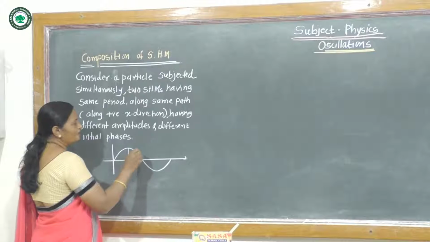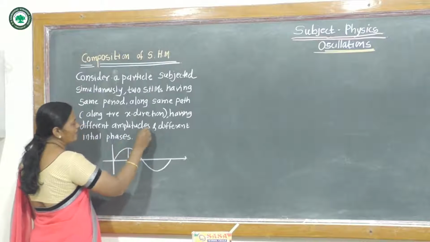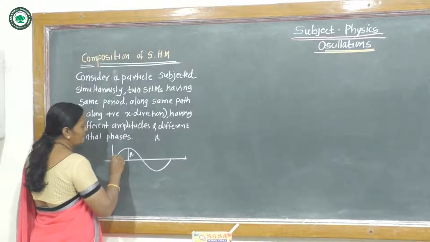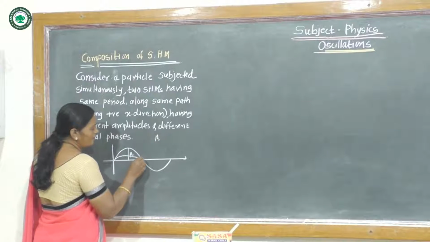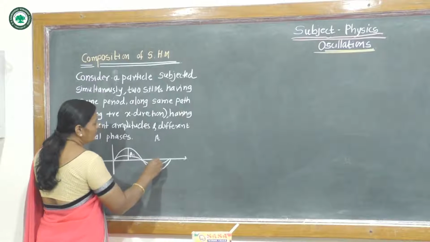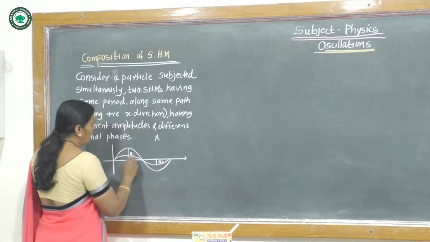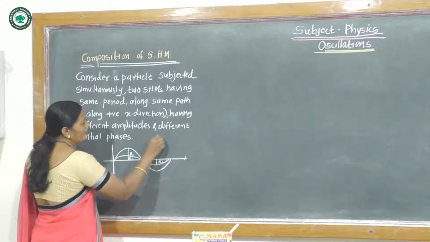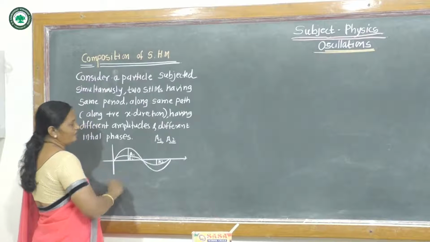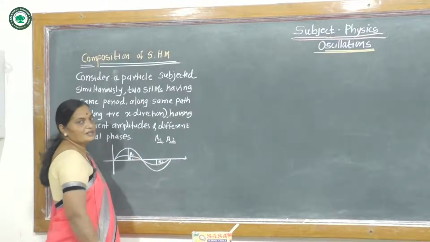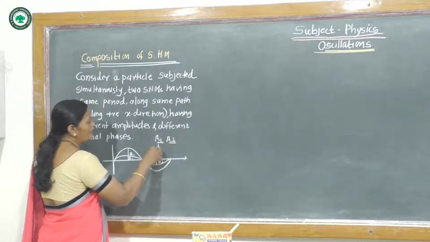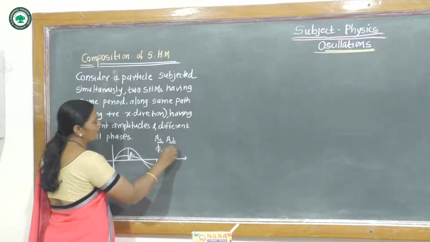A1 and A2 are the amplitudes of the SHMs. Here the period is the same, but the amplitude is different and the initial phases are different.